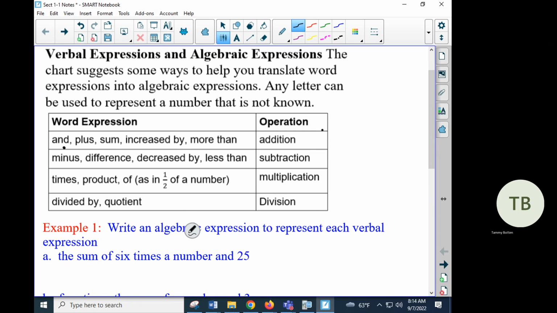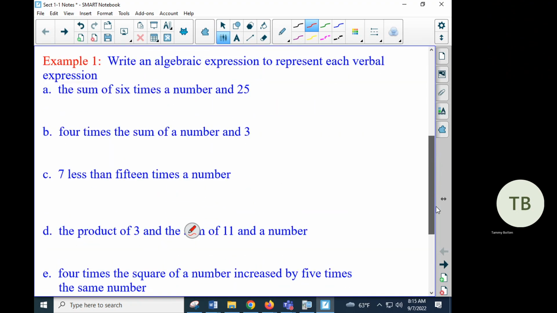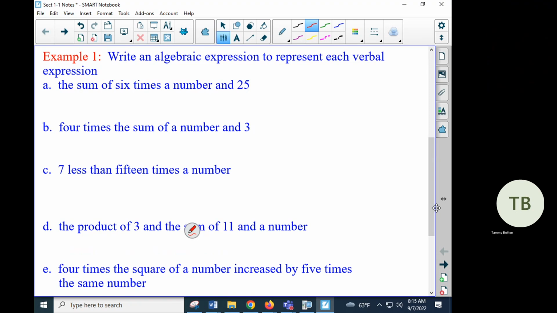For subtraction, we can use minus, difference, decreased by, or less than. For multiplication, times, product. Of means multiply, so if you said half of 60, of means multiply. Division is divided by, and quotient.